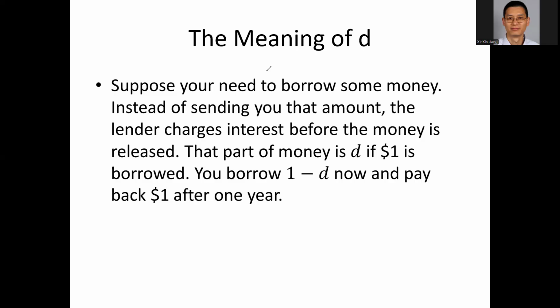That part of money is d if $1 is borrowed. So right now you borrow 1 minus d instead of $1. That's the normal case: you want $1 and you pay 1 plus i later. Instead of that, you borrow 1 minus d now and pay $1 back after 1 year.